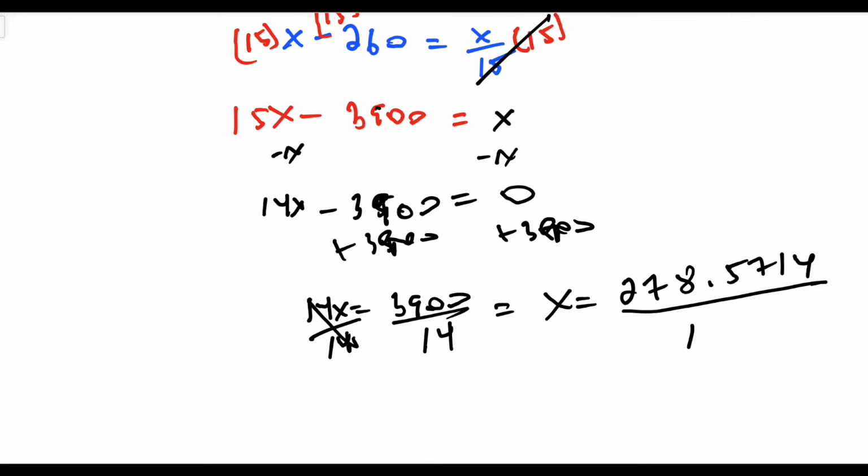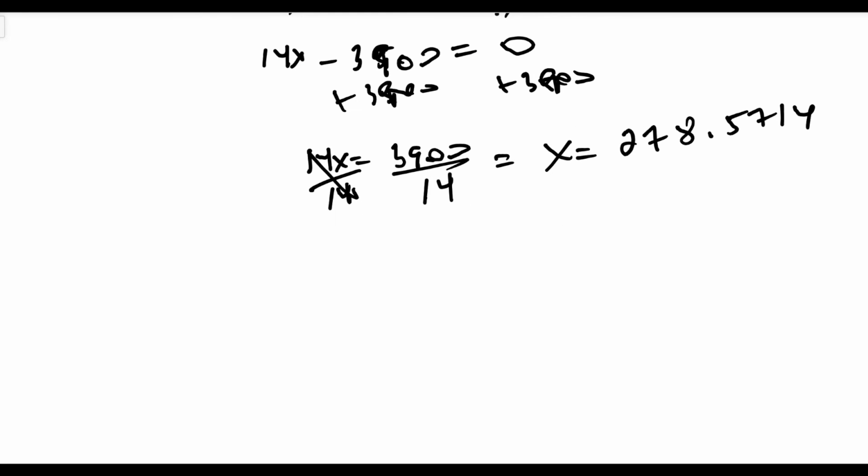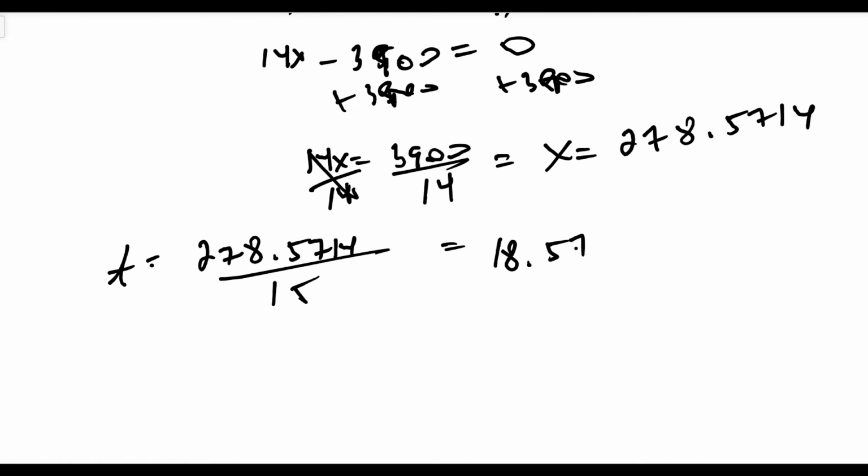So, over 15. So, t is equal to 278.5714 over 15. So divided by 15 is 130 over 7, which is 18.5714, which is 18.57142857.